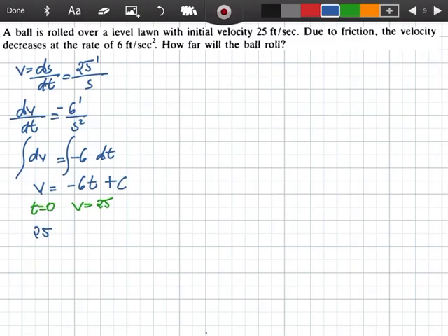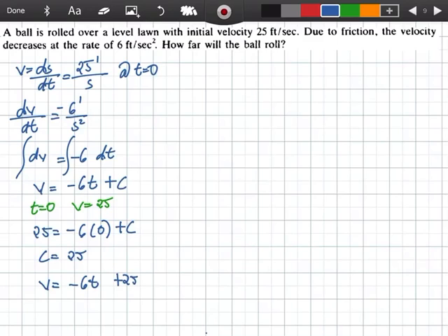So 25 is equal to negative 6 times 0 plus C. Negative 6 times 0 is 0, so our C is 25. So we can write v is equal to negative 6t plus 25.